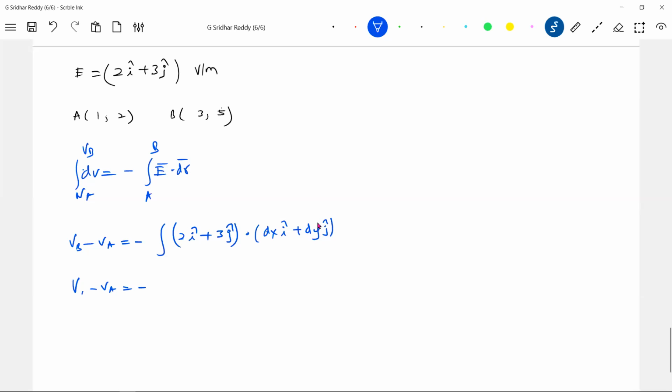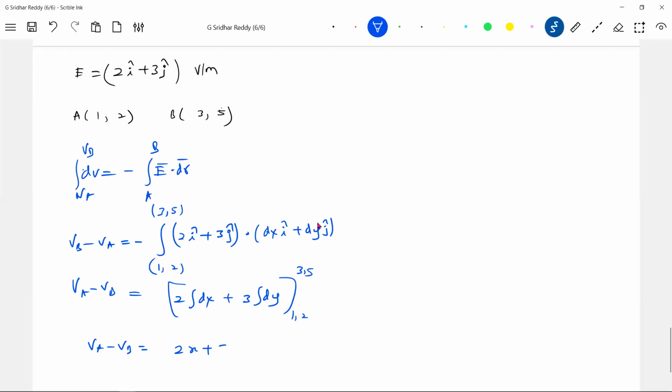What should be the limit? 1, 2 to 3, 5. First we'll go for i dot i, which will be 1. So this will become 2 integral of dx plus 3 integral of dy. The limit should be 1, 2 to 3, 5. So the integral of this will be VA minus VB equal to 2x plus 3y. What shall I do after this?